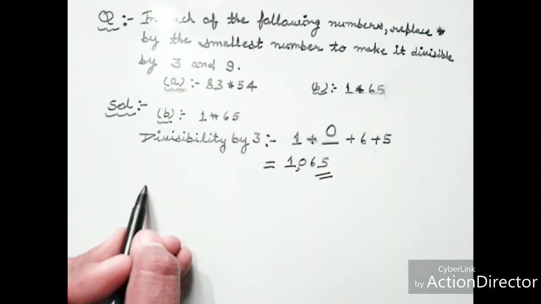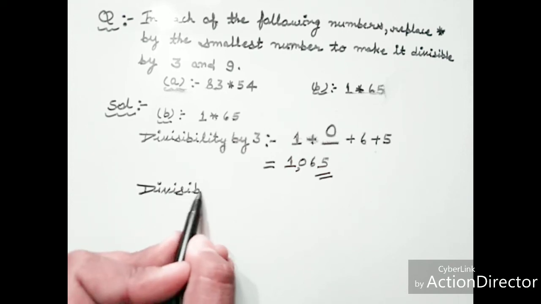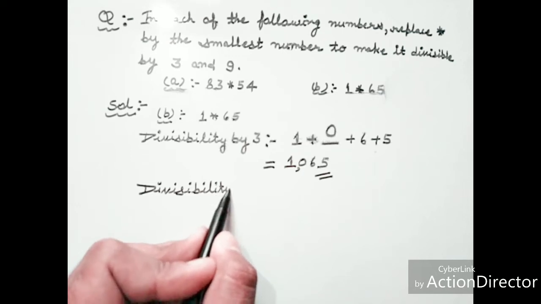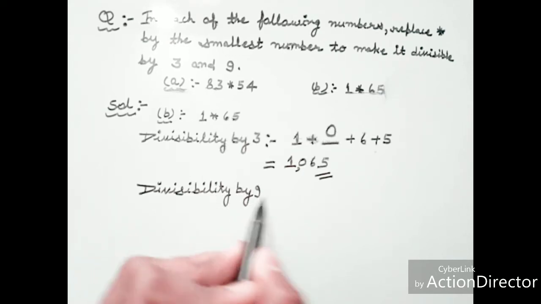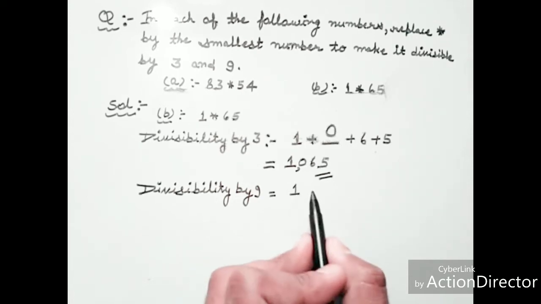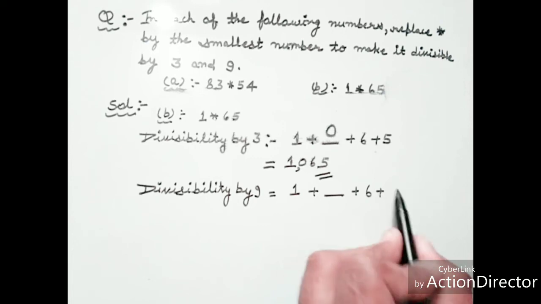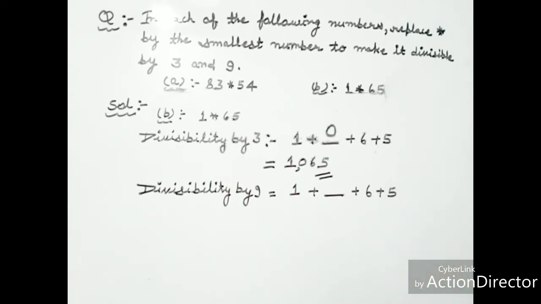Now we check divisibility by 9. 1 plus, then we take a space here, and 5.